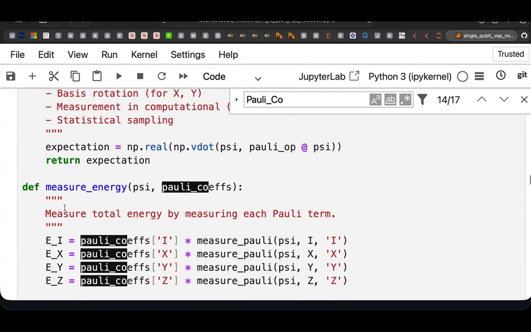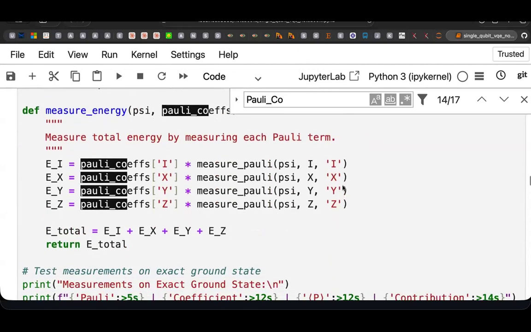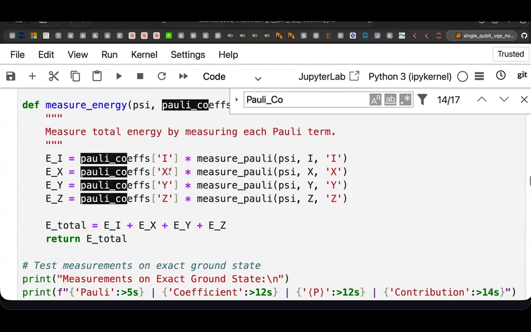So this E of I, if you look at these different components, E of I would be this one, E of X this one, and E of Y this one, and same with the E of Z. So the Pauli coefficients are those coefficients which we have set up, just constants in front of it. And then we have a function which now performs the measurement of I, X, Y, and Z.